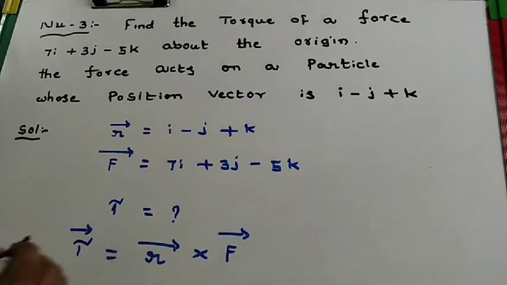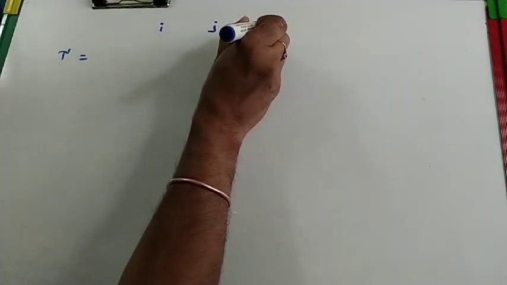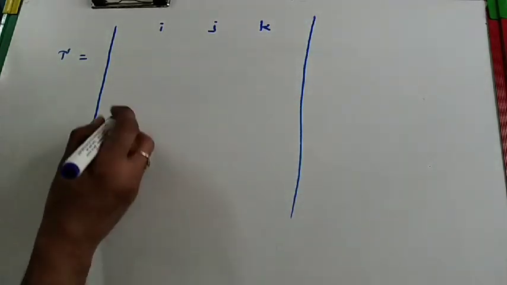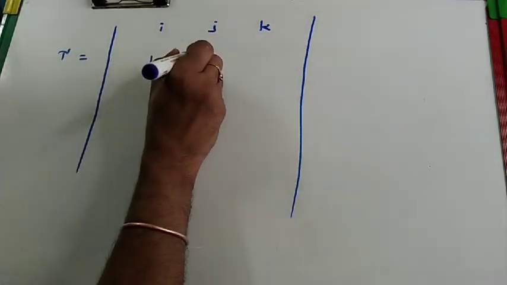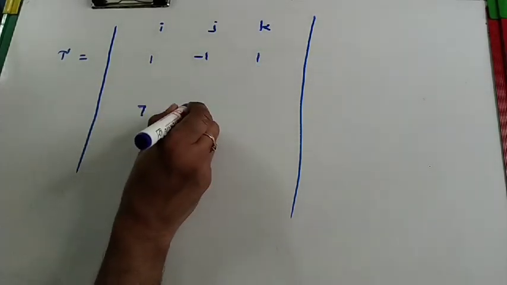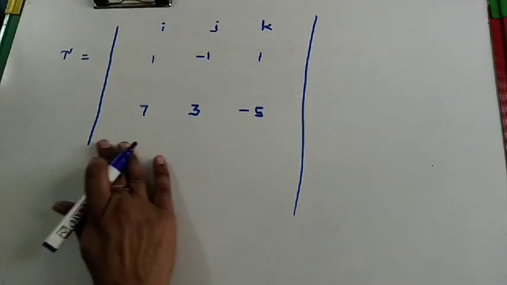This is the formula. Therefore, torque tau is equal to i j k, 1 minus 1 plus 1, 7 3 minus 5.